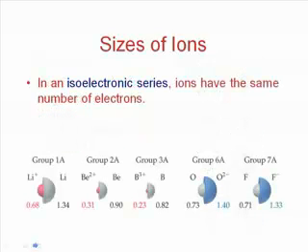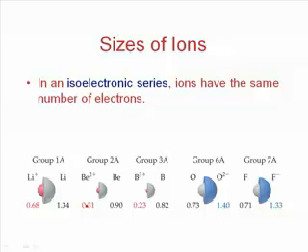Another way that you'll be asked to compare ionic radii is where you have combinations of positive and negative ions. Anytime you have a group of positive and negative ions, look to see if they are isoelectronic.